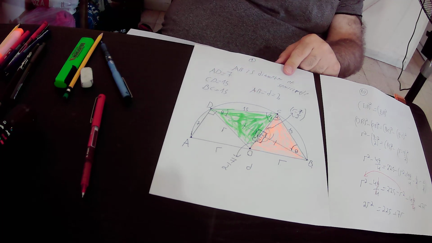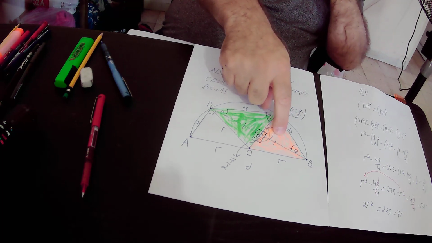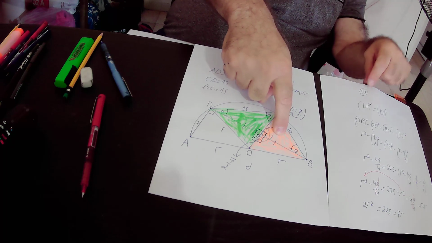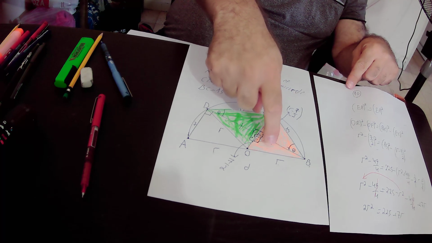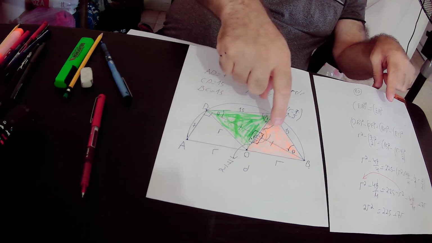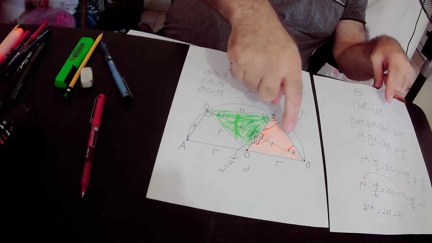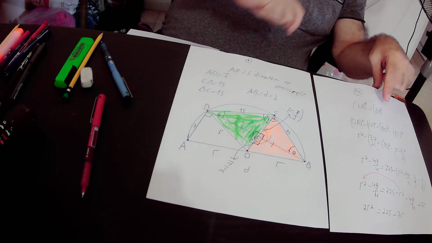So EB square from one side is OB square minus OE square, but from the other side EB square is BC square minus EC square.